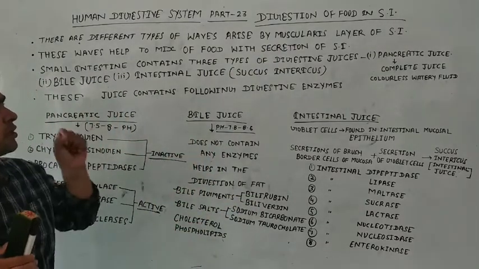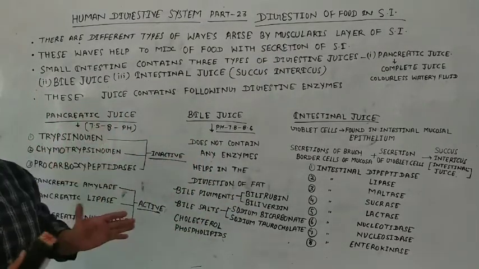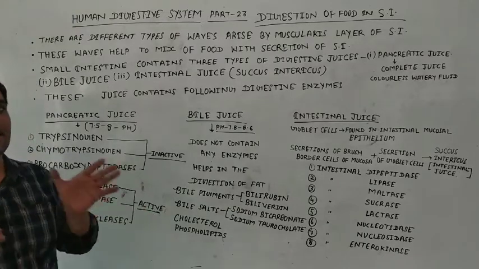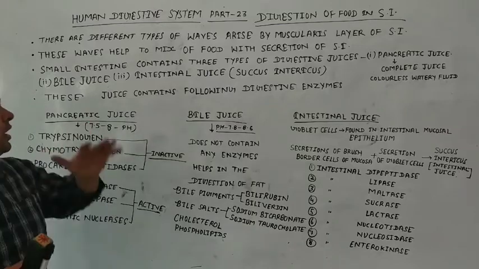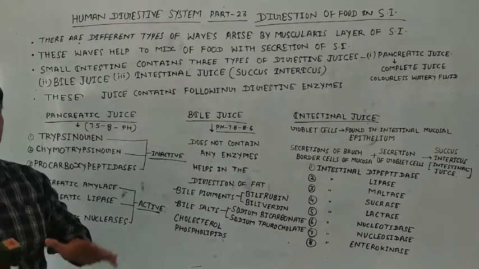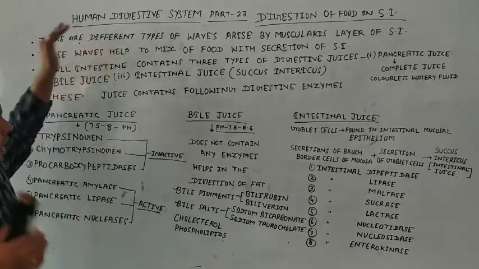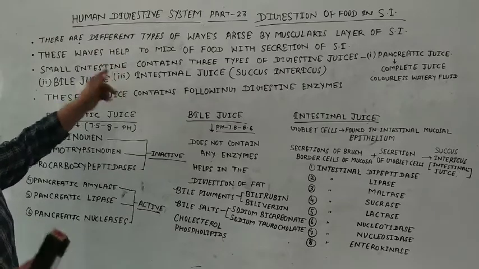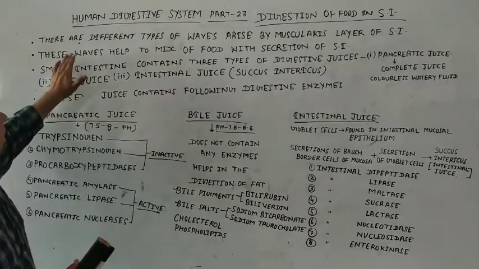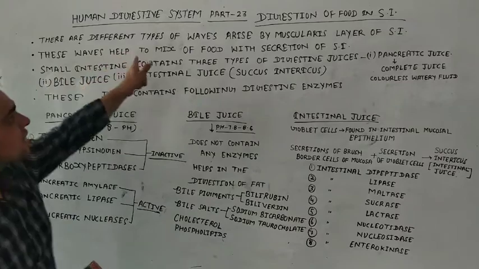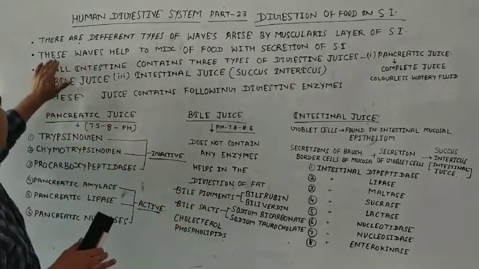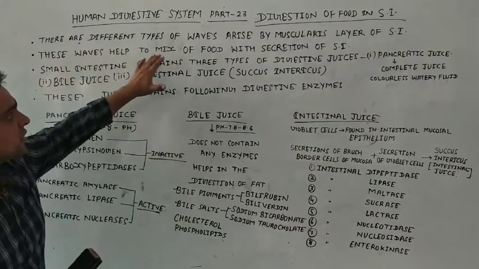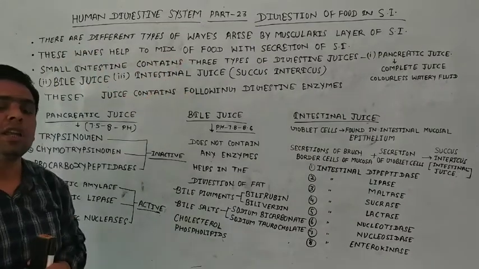Because of this muscularis layer, wave-like contractions and relaxations arise, meaning some waves move in our small intestine. Because of these waves, the food mixes with the secretion of small intestine. This is the second point, that these waves help to mix food with the secretion of small intestine.